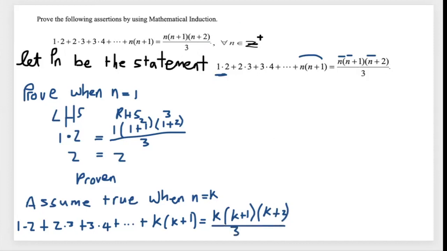So that's my assumption. So now I am going to prove true when n equal k plus 1.